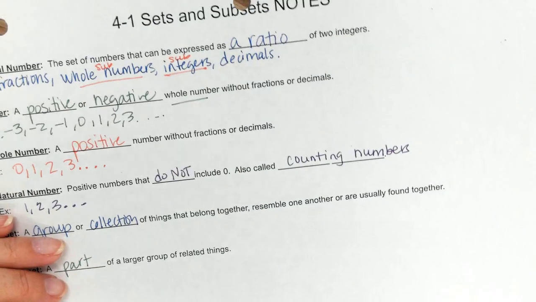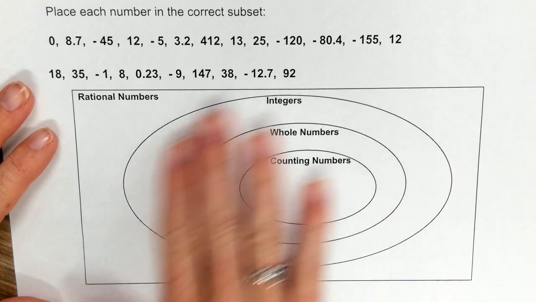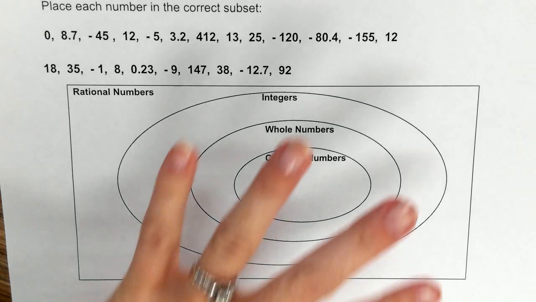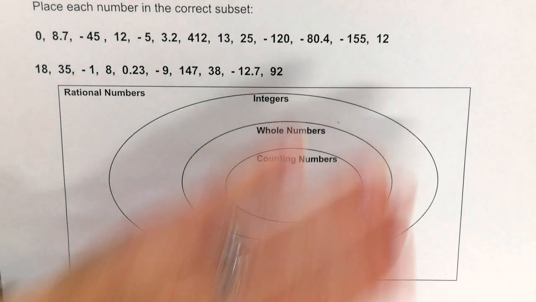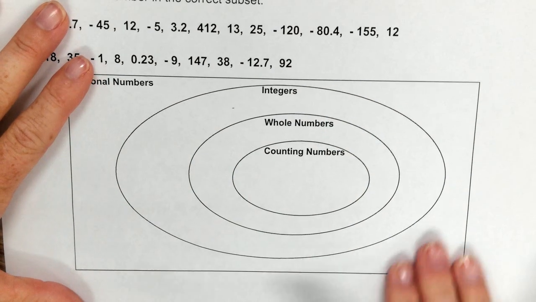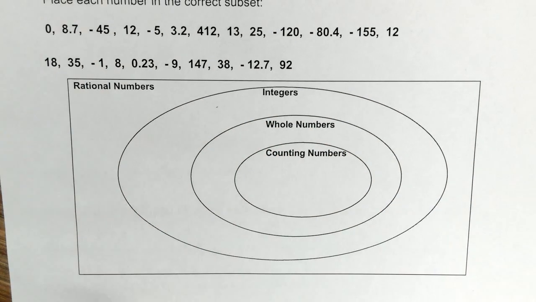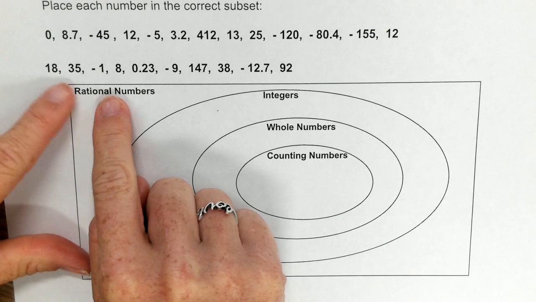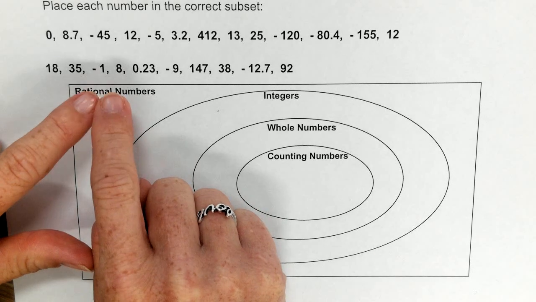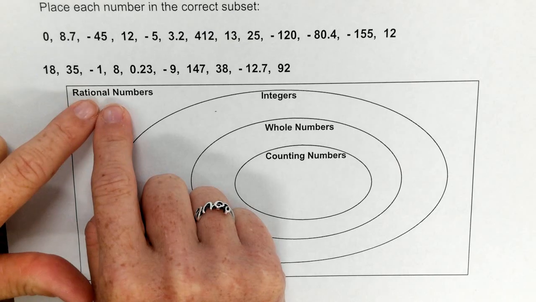So if you flip to the back, I have put out for you a Venn diagram with our vocabulary words. What is the main set of this called? Rational numbers. That means anything in this chart is rational. So over here, my rational numbers, this can be anything: fractions, decimals, whole numbers, integers.